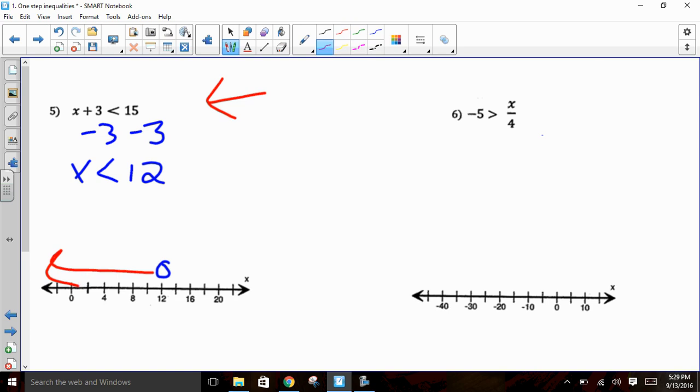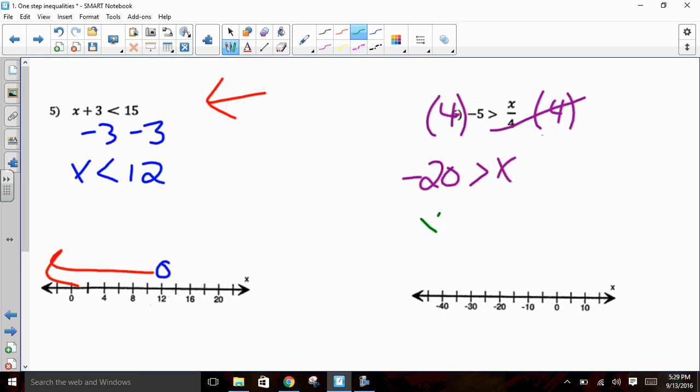Number 6, I'm going to get rid of that division with multiplication. 4 times 5 gives me -20. I have -20 is greater than x, so I notice I need to rewrite that expression because I don't know which way my arrow is going to go yet. So I have x, I have -20. I notice that my -20 is going to be larger than x.